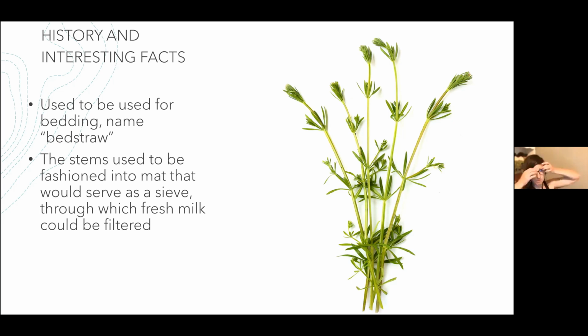And the stems used to be fashioned into mats, in a crisscross weave, and used to filter fresh milk. I know that happened in Sweden and other parts of Europe. So it would have that light hint of vanilla along with the milk, which is probably really pleasant.